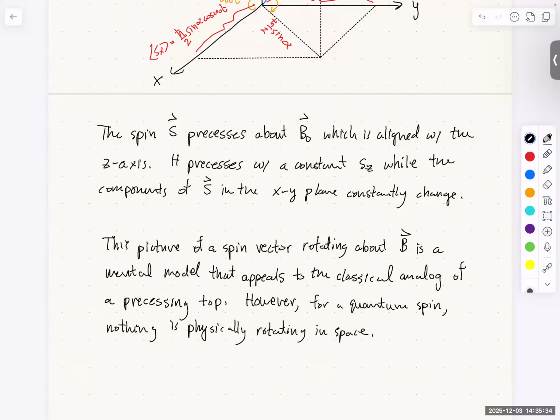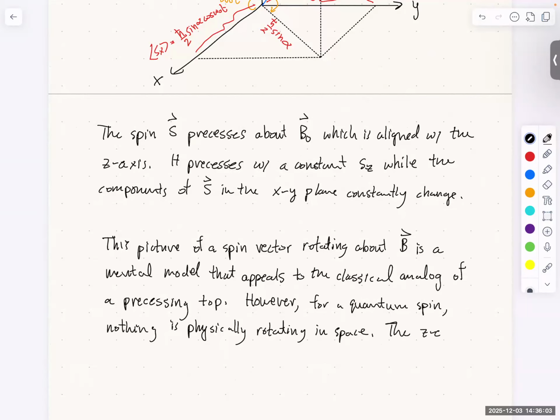Our electron is not a simple little tiny ball that has a magnetic moment pointing in some direction and it can physically spin. What's actually precessing is the phase of the components of our general spin state, of the coefficients in front of the eigenstates of the Hamiltonian.